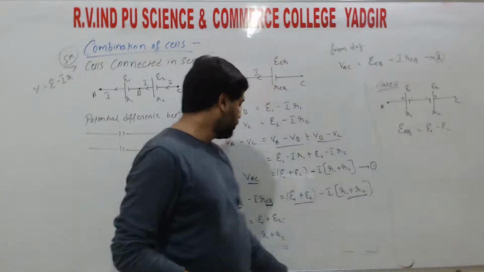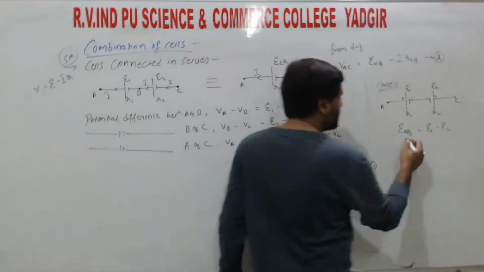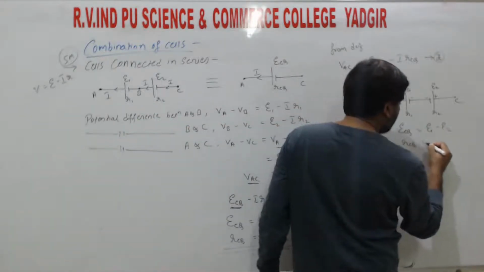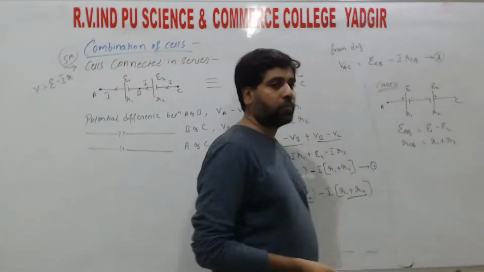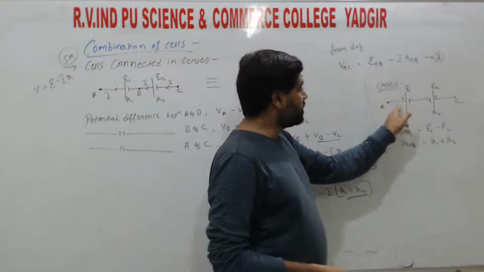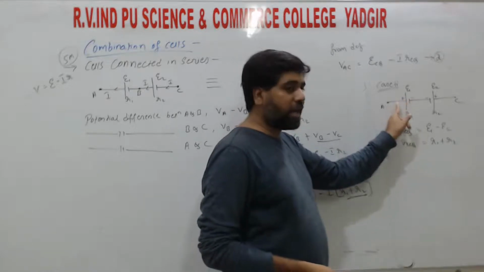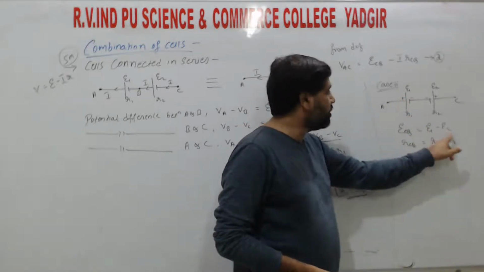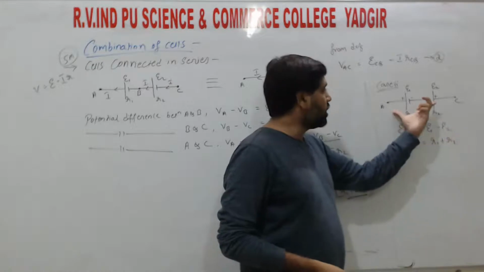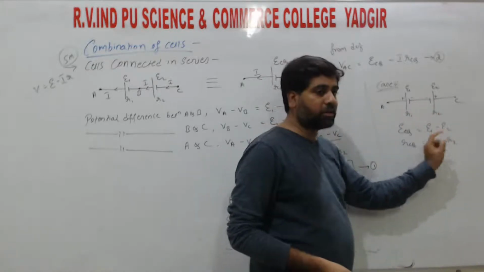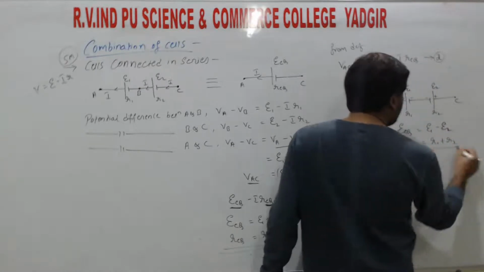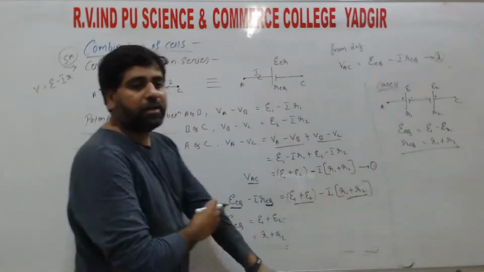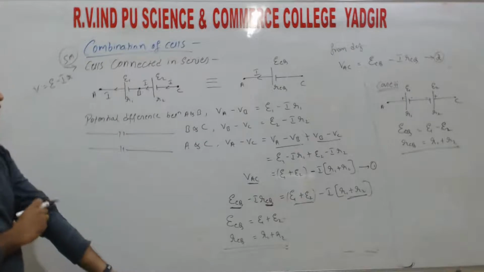R equivalent remains R1 plus R2. If we change the other direction, we get minus E1 plus E2, and if both directions change, minus E1 minus E2. This is when two cells are connected in series.